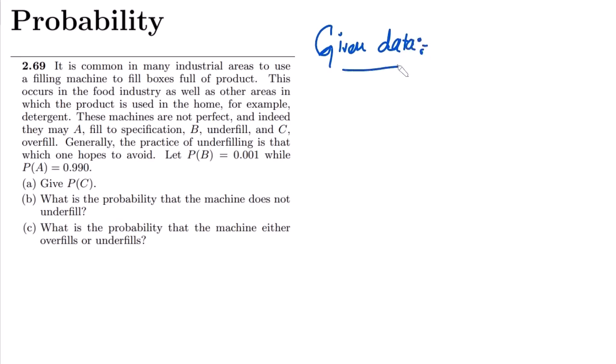Okay, so according to these statements we have given data, which basically lies in three ranges, A, B, C. We may categorize or classify the overall detergents in the form of A, B, or C, where A is fill to specifications, fill to specs, B is underfill, and C is overfill.